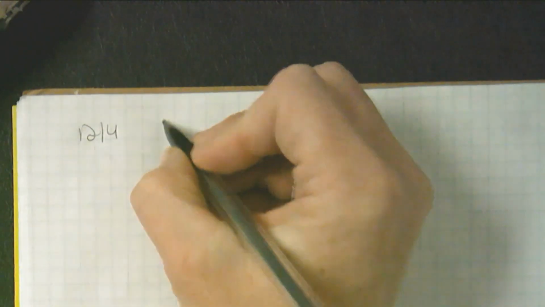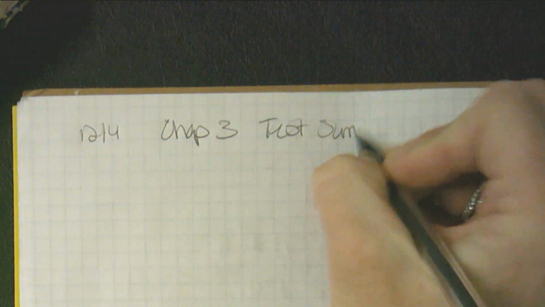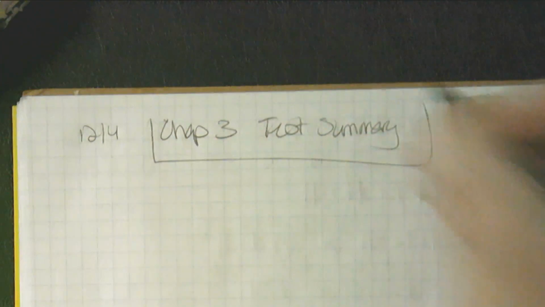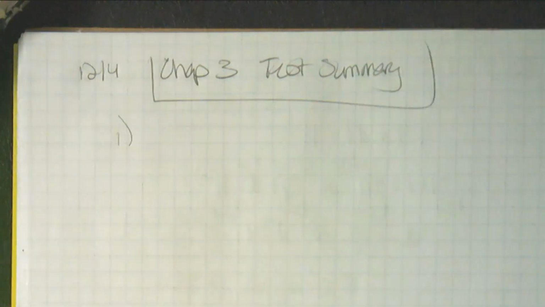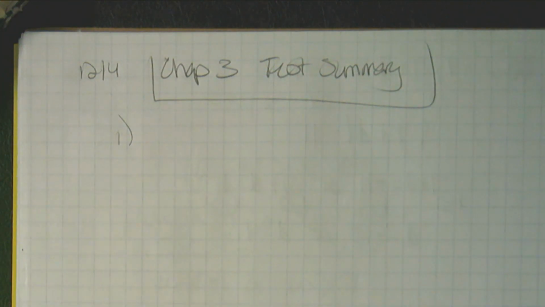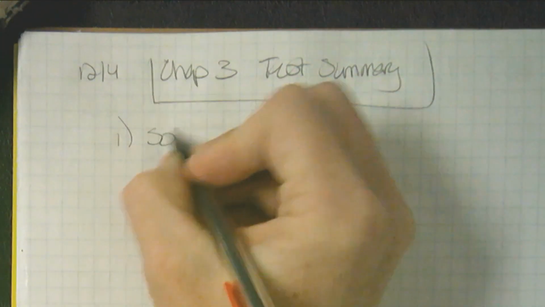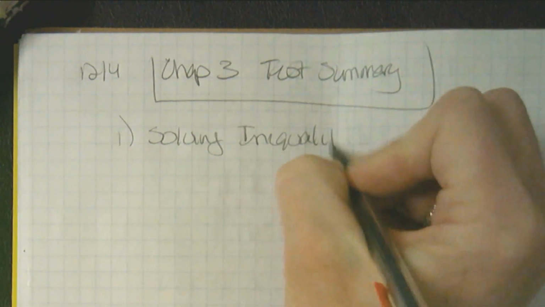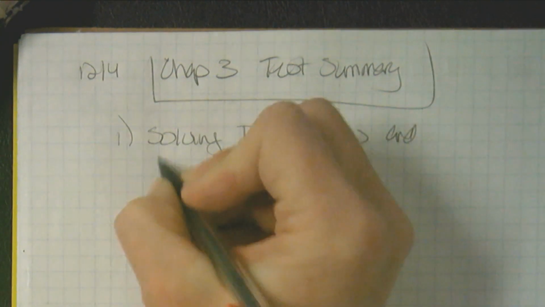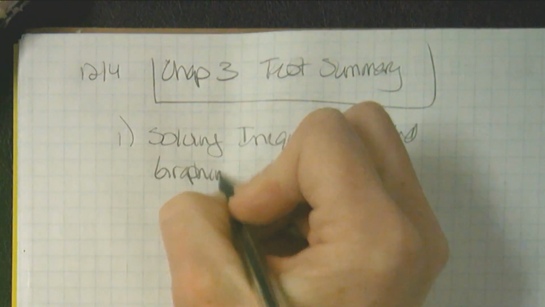Okay, so today is 12-4. This is our chapter 3 test summary. Remember, your test is on Monday. All right, the first thing that we talked about is solving inequalities and graphing the solutions.